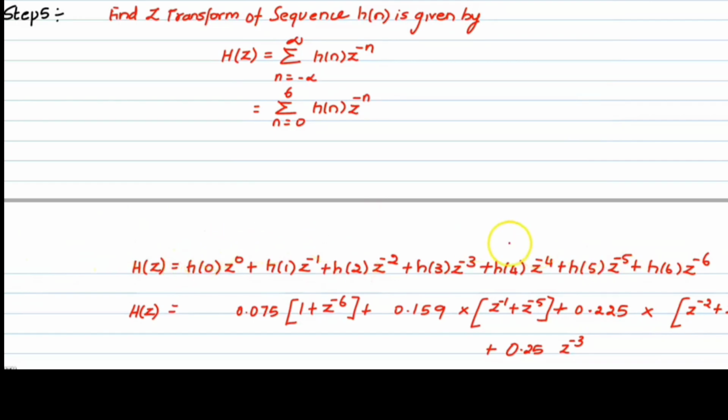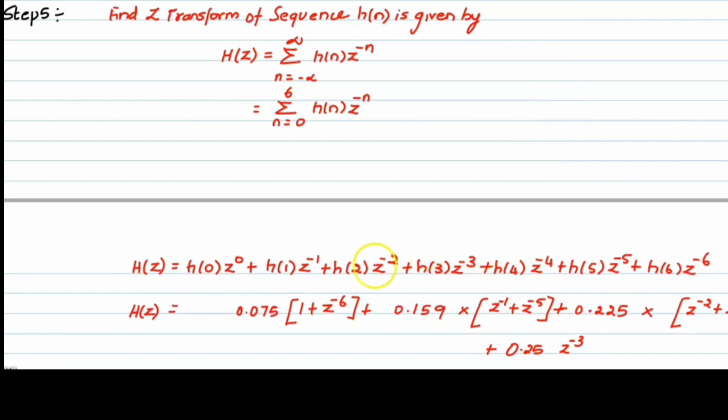Similarly, if you see, h of 1 value and h of 5 values are same, similarly h of 0 and h of 6 are same. Next, h of 2 and h of 4 are same. So if you solve, you will get the H of z value.